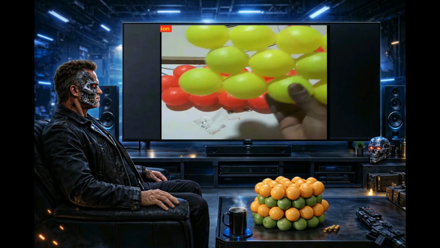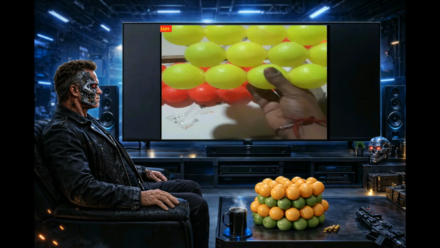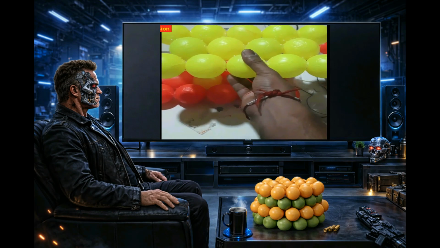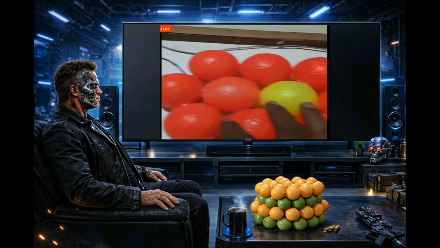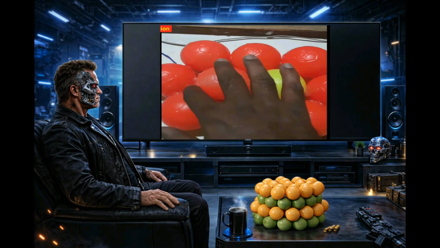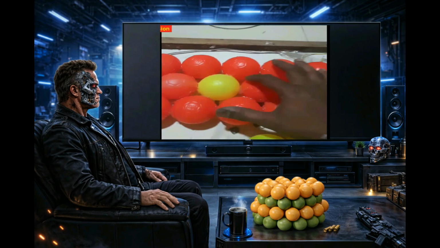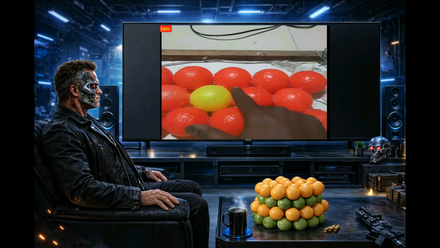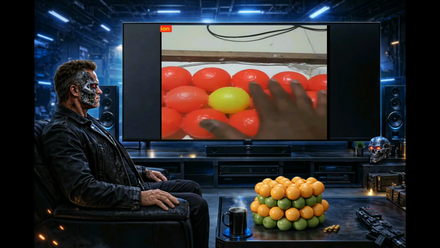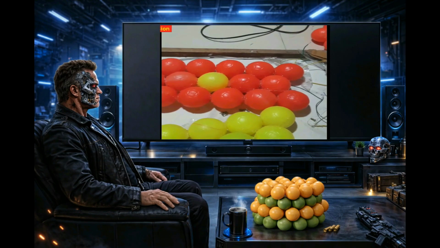Now I will take another layer similar to the first layer, and I will place it in such a way that the depressions, you can see here there are a lot of void spaces, and these void spaces are equal in size.